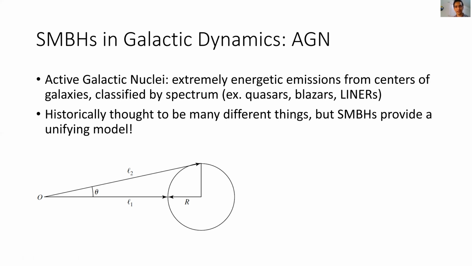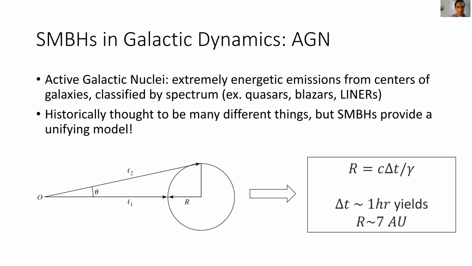So we're going to get an estimate for its radius using the light travel time, the delay between the lengths L1 and L2. We can define the difference in travel time between those to be delta t, and get that the radius of the object is going to be the speed of light times that time interval divided by the Lorentz factor gamma.